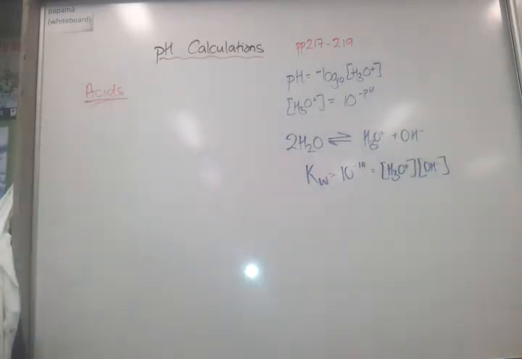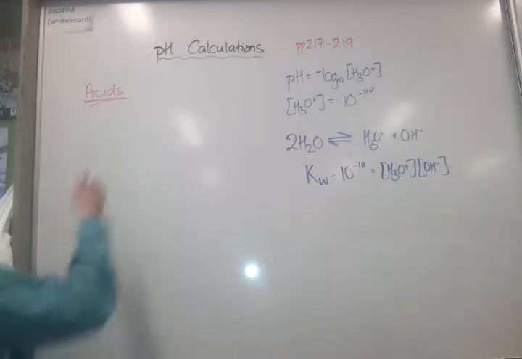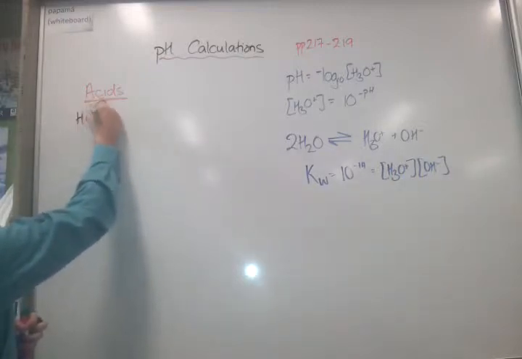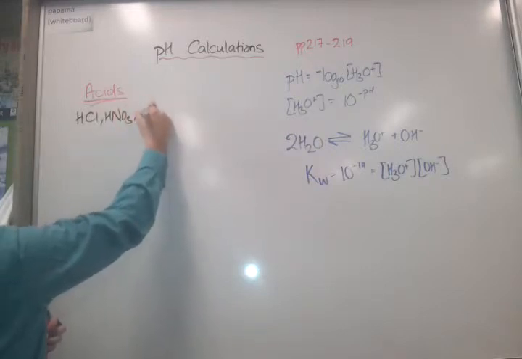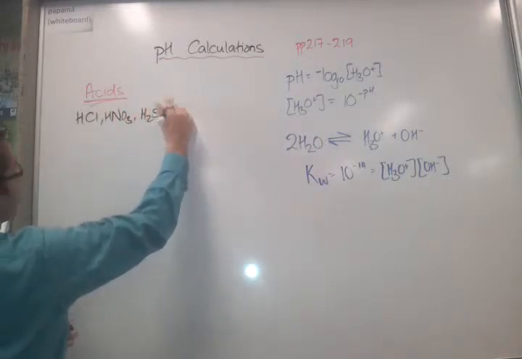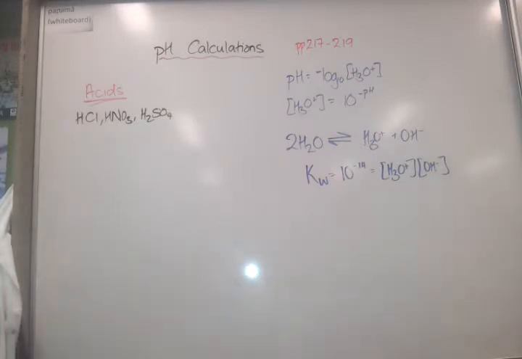The acids that we use in the lab are normally strong acids, or inorganic or mineral acids, such things as HCl, HNO3, and H2SO4. What this means is that they fully dissociate when we put them in water.